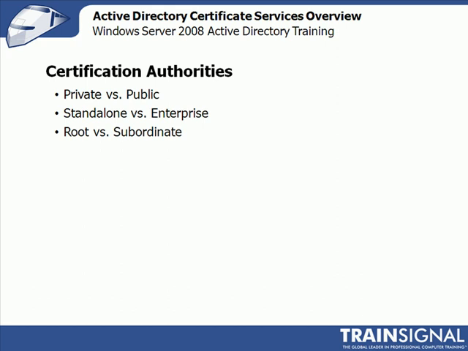You can save your money and create your own certification authority in-house. But if you are going to have, let's say, customers going to your website and downloading software from you, in that instance, you need to use a public third-party CA.